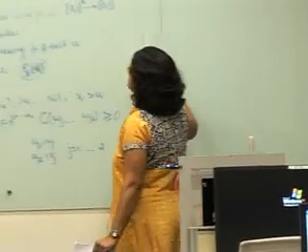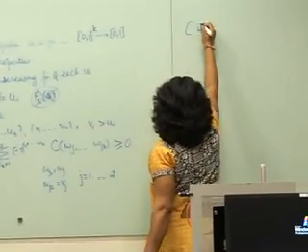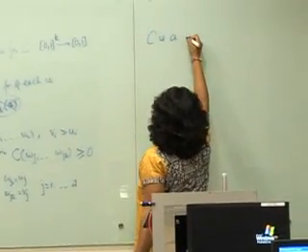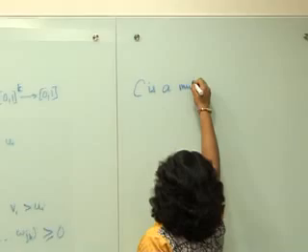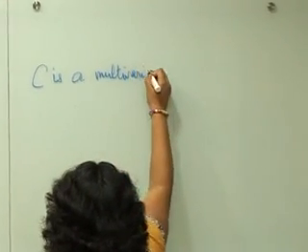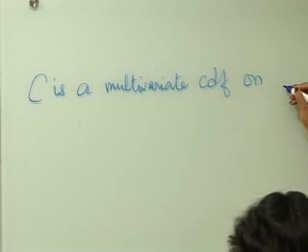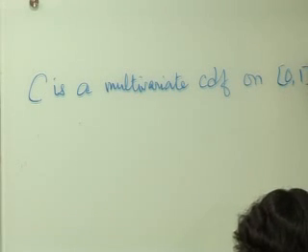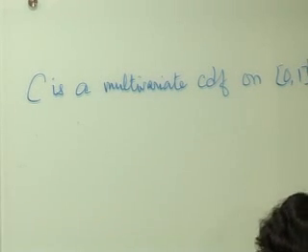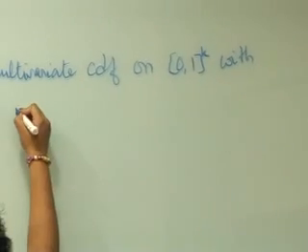So what that means is that a copula function is in particular a multivariate CDF on [0,1] to the power k with uniform [0,1] marginals.